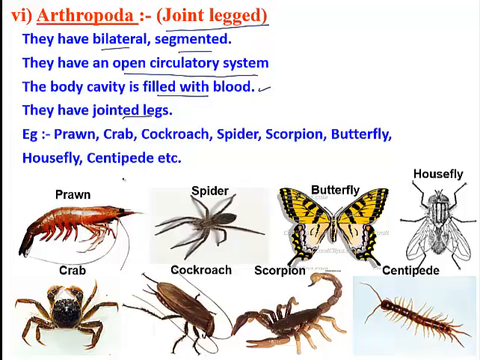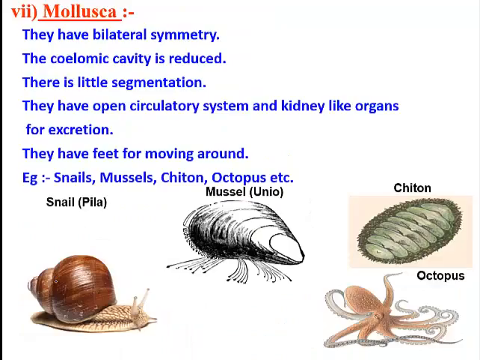Examples you can see are prawn, spider, butterfly, housefly, crab, cockroach, scorpion, centipede. Crabs and prawns are commercial products in marine ecosystems, whereas some humans even consume cockroaches. Too bad. Now let's continue with the next thing.